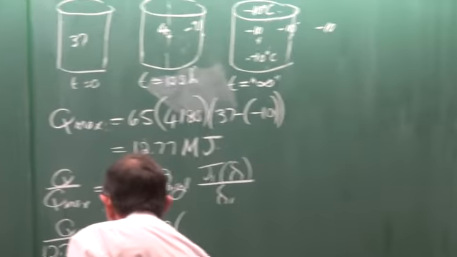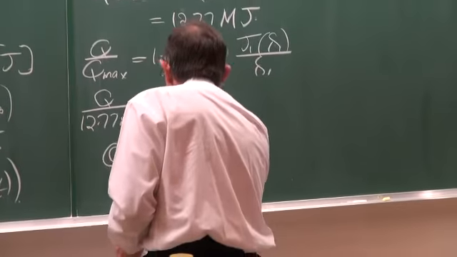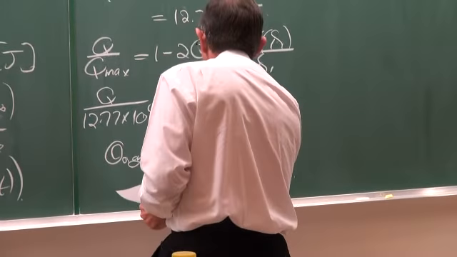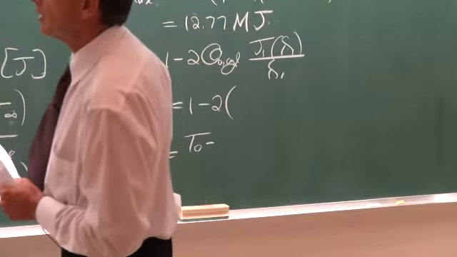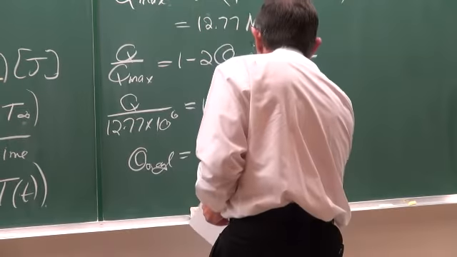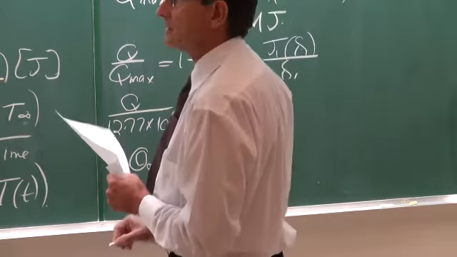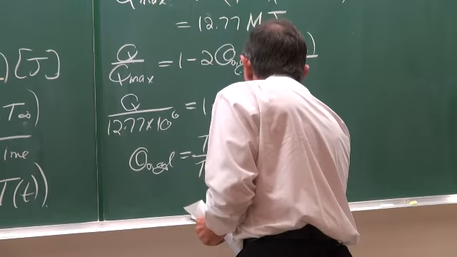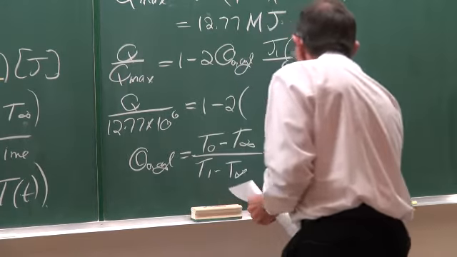So the non-dimensionalized temperature of the cylinder is equal to T0 minus T infinite divided by Ti minus T infinite.